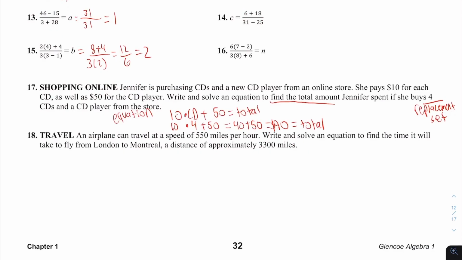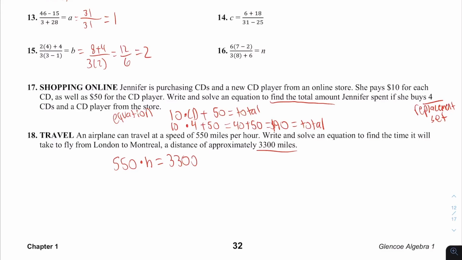We have an airplane. It's going 550 miles per hour, and we have nothing else adding to it. So 550 times hours, because it's miles per hour, equals this number, 3,300 miles.